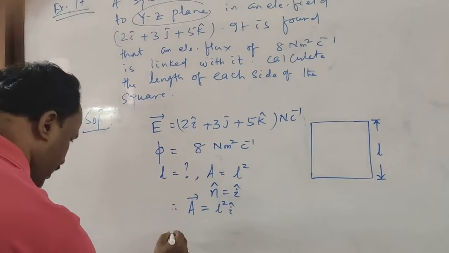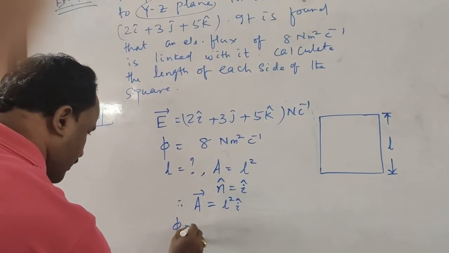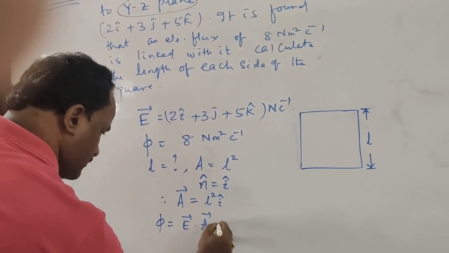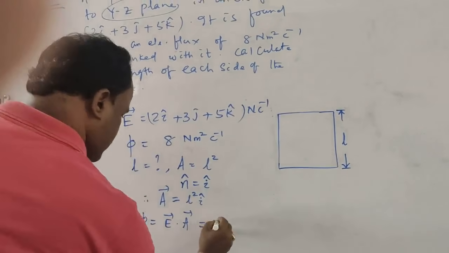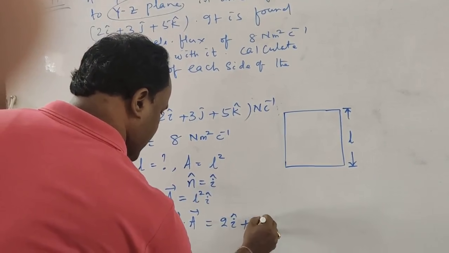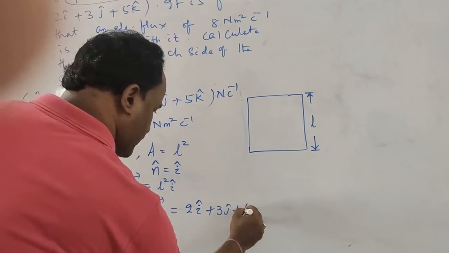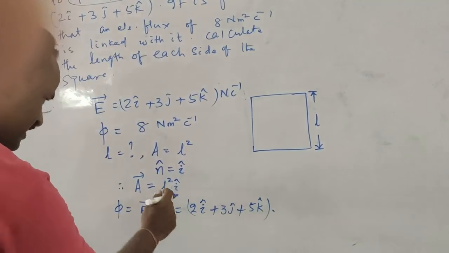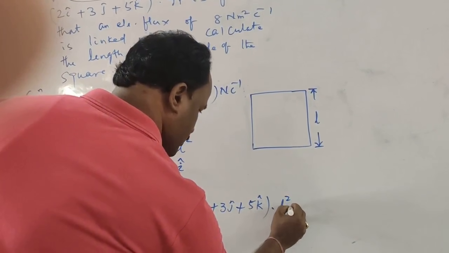Since flux is the dot product of the electric field and the area vector, E is given as 2i cap plus 3j cap plus 5k cap, dotted with the A vector, which is L square i cap.